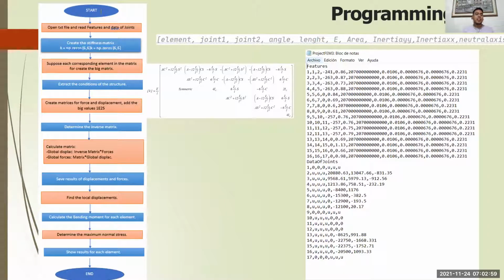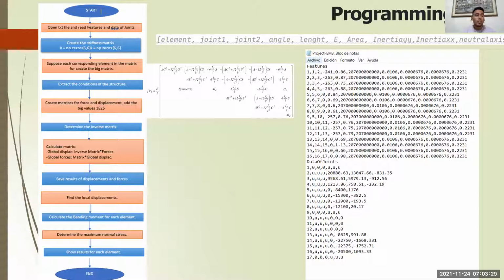Programming. You can see the flow chart on the left. This program was divided in 3 important parts. The first part is information and system metrics. The first thing that I do in the program is import the libraries and proceed to extract all the information for each element of the structure.